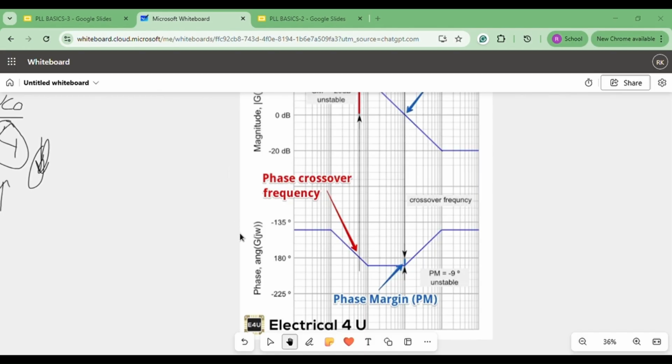You can show this number, the phase margin. So you will calculate, and you are getting this.